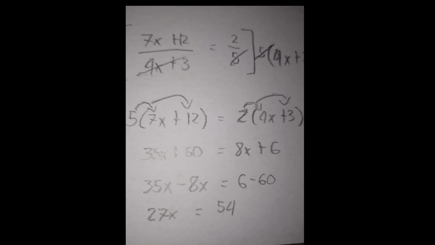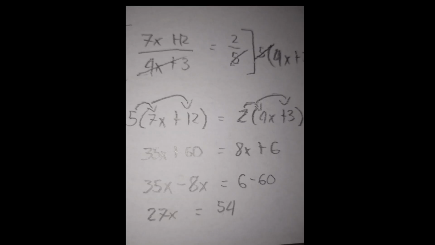The next step is multiplication. So 5 times 7x is 35x, and 5 times 12 is 60. And the other side is 2 times 4x is 8x, and 2 times 3 is 6. The next step is we're gonna take 35x and transfer positive 8x, then it will become negative 8x.